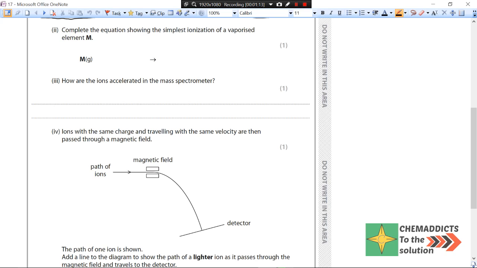We were doing question number 17. Now we're going to solve B2.